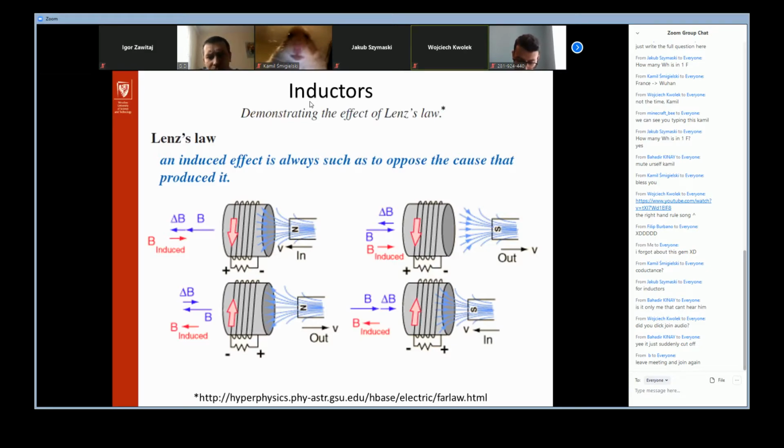Because we have to use the right hand rule here to determine, for example, the direction of the current passing through the coil due to changing the position of this magnet, and what is the direction of the induced B field.